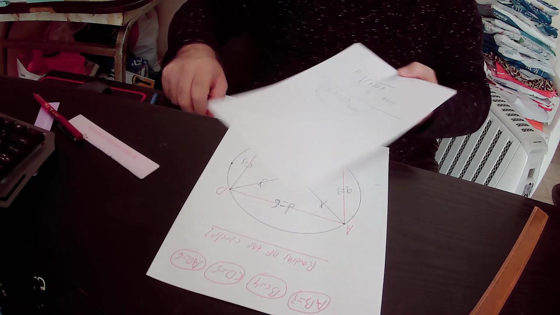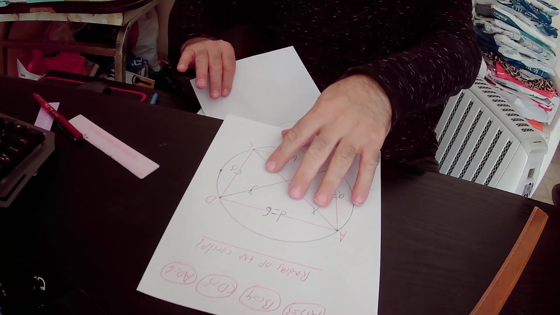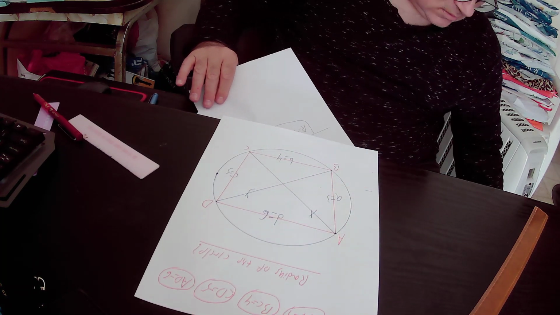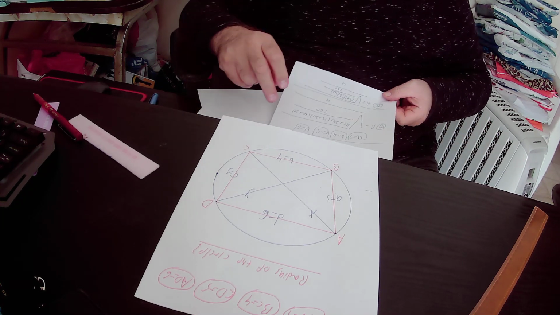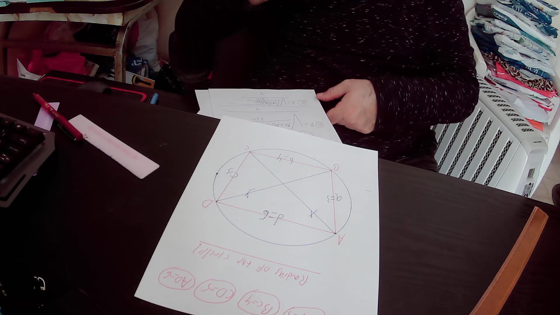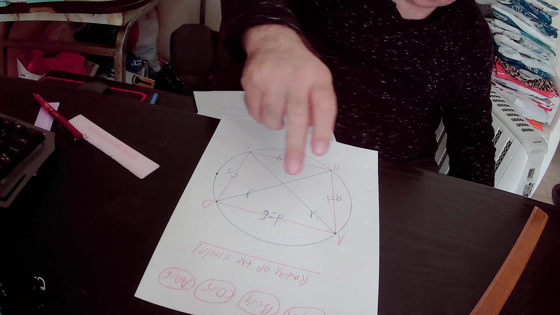So now I will summarize the lecture. Actually, we wanted to find out the radius of this circle. This blue circle blocks quadrilateral ABCD, or quadrilateral ABCD is inscribed by this circle.